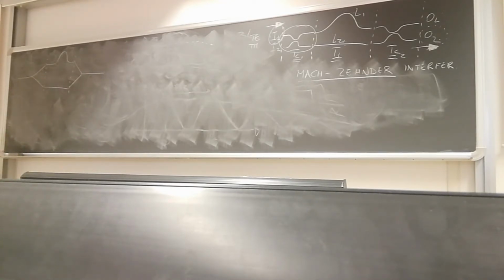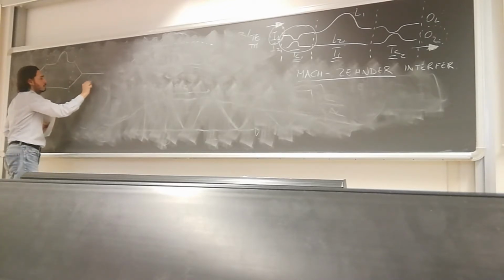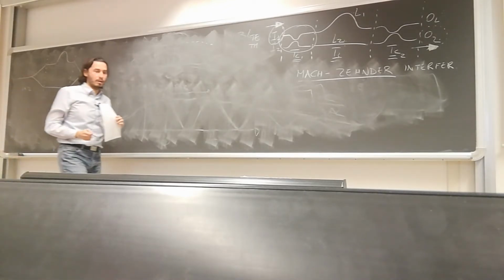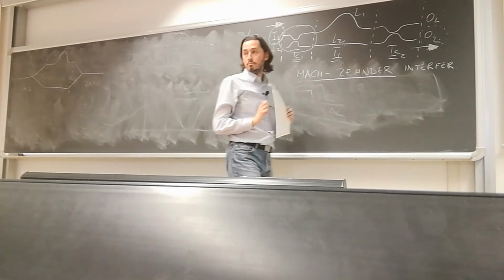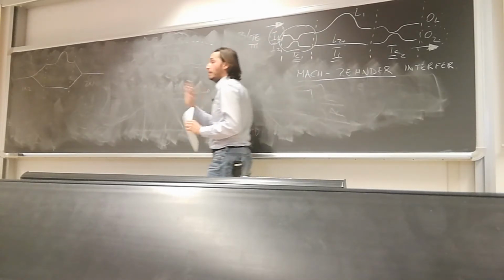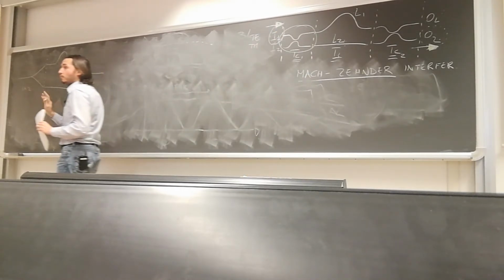Okay, so it's 1x2, 2x1. Mathematically, what I have to do is replace the transmission matrix of a directional coupler with the transmission matrix of the Y branch that you should know.